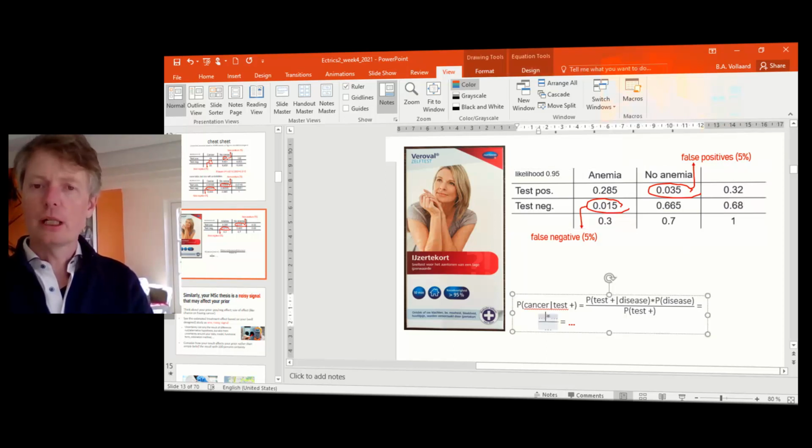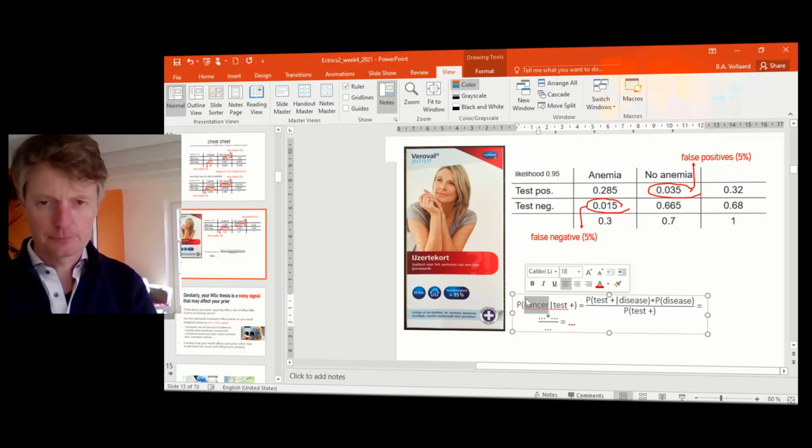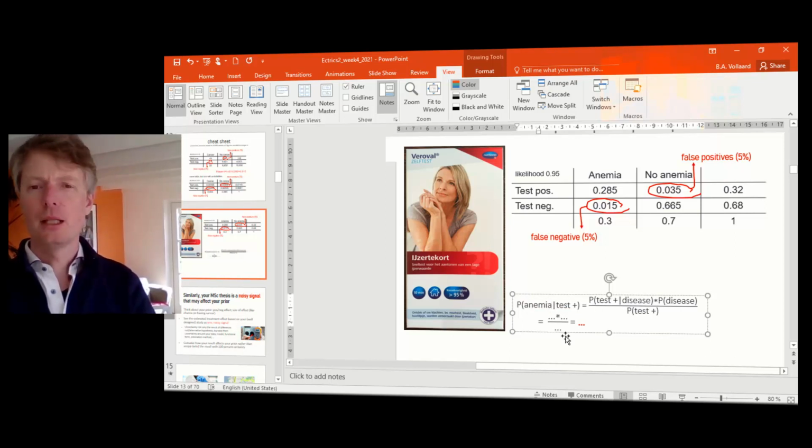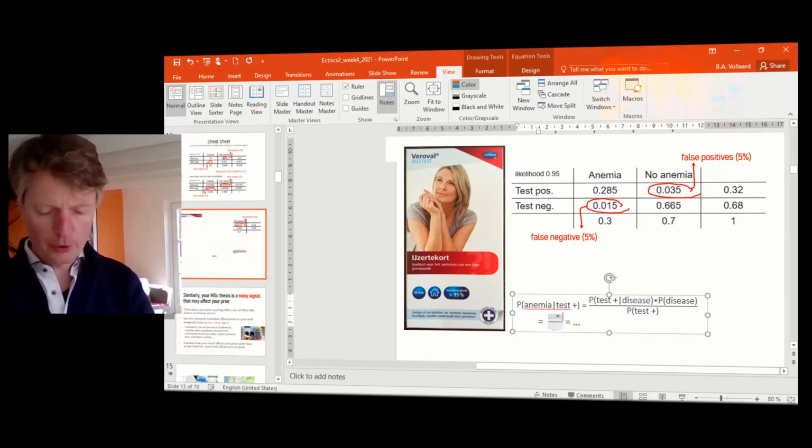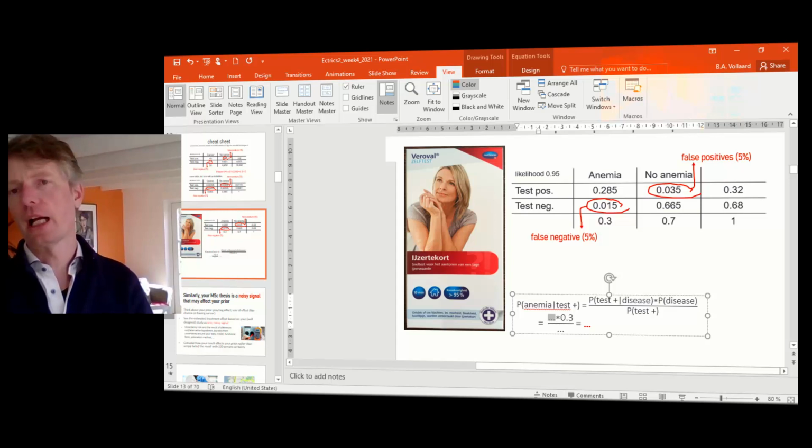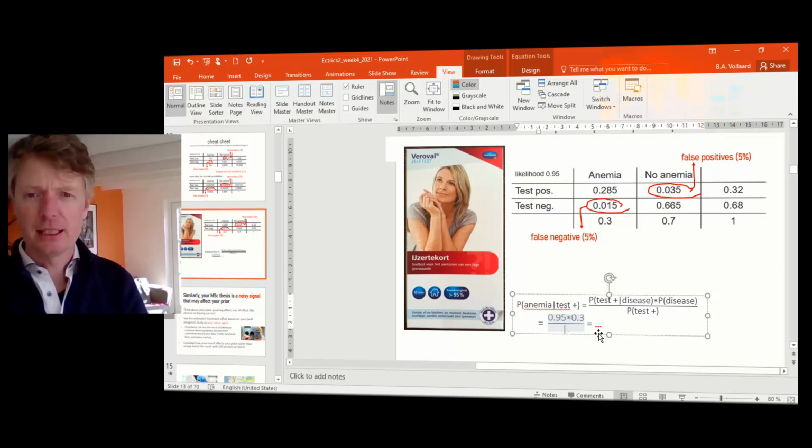So what we can now do: the test result was actually positive. So let's now compute, well, it's not about cancer here, it's about anemia. Let's start with our prior of 0.3. The likelihood of the test, so the accuracy of the test, as it says here at the front, is 0.95, which looks very good, but we have learned now that it better be very accurate, because otherwise you get many wrong results.